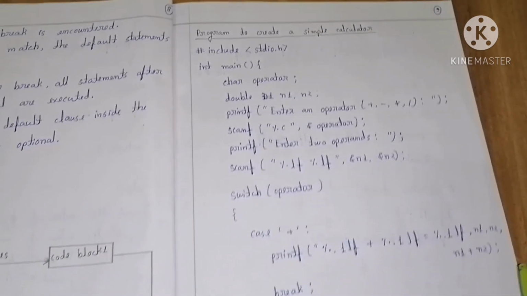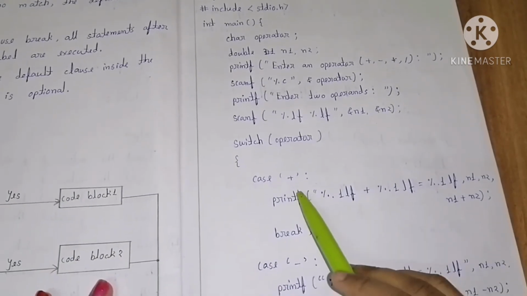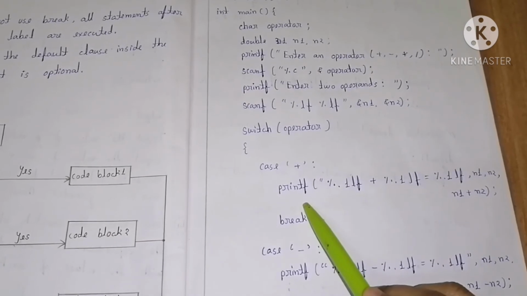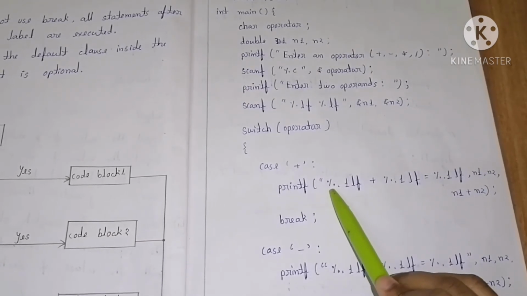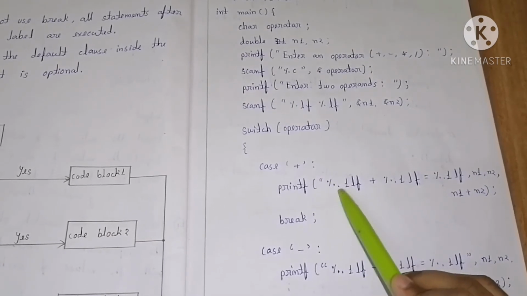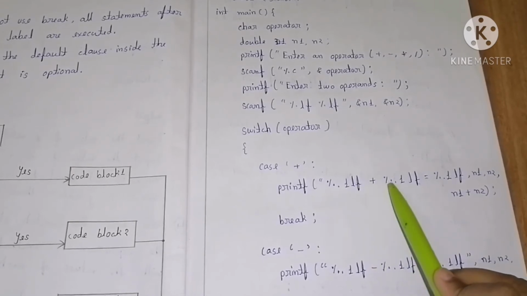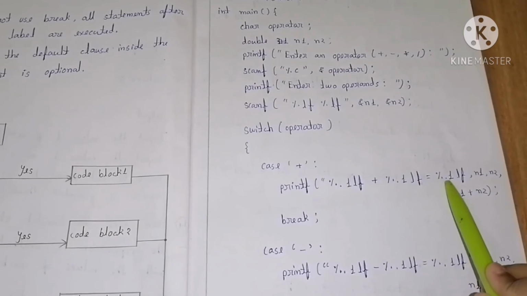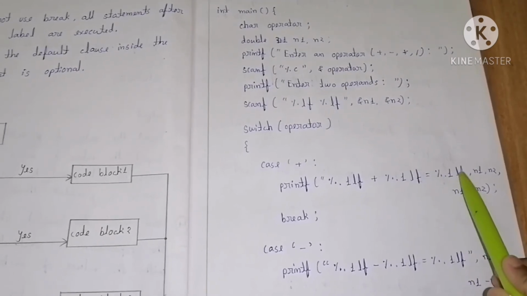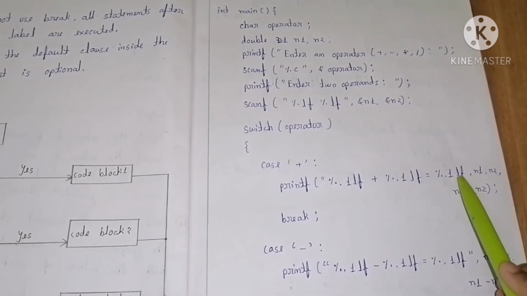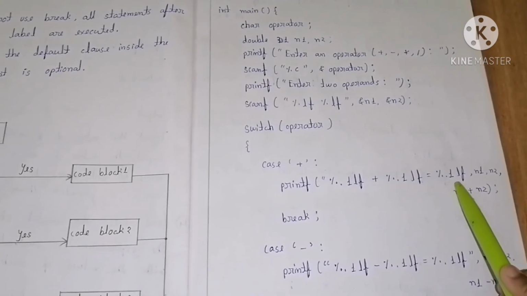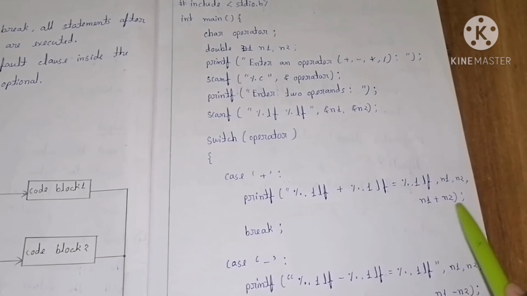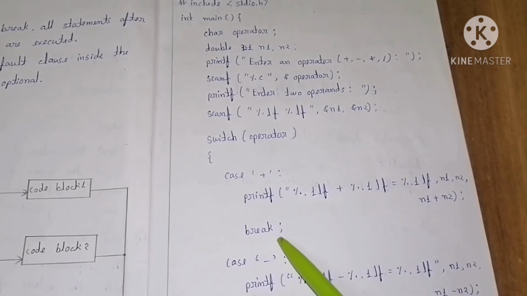Case plus colon printf in quotation percentage dot 1 lf plus percentage dot 1 lf equal to percentage dot 1 lf, because the result also will be coming in double value comma n1 comma n2 n1 plus n2 semicolon break.